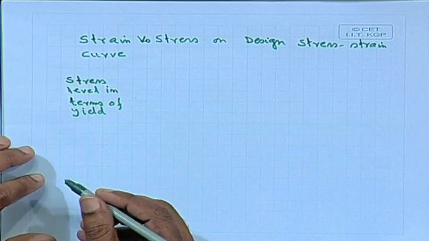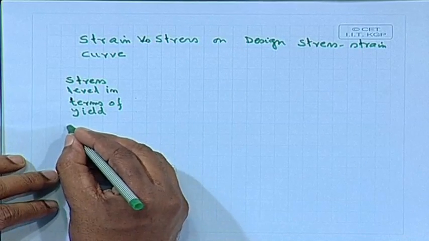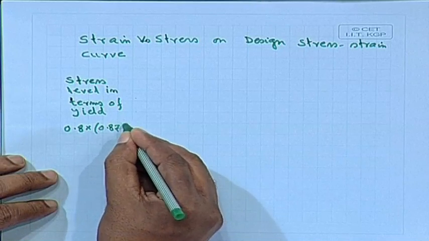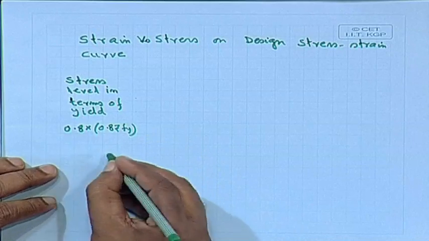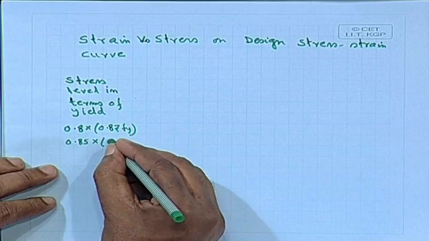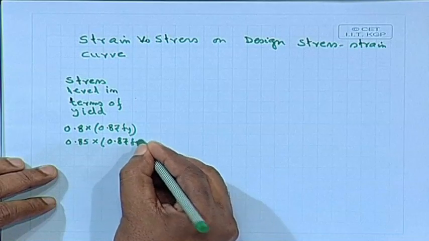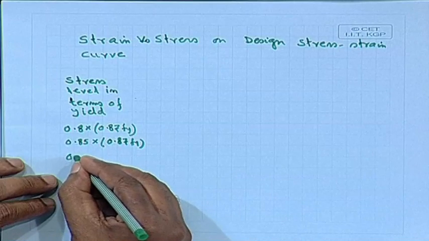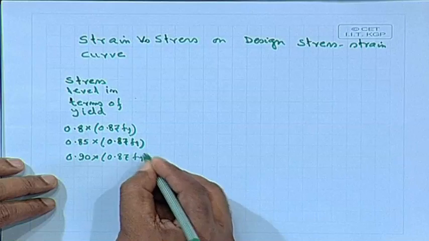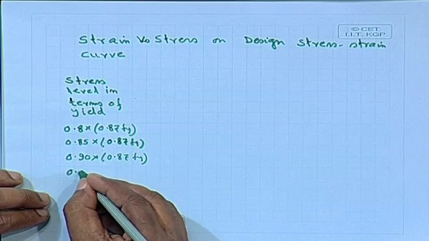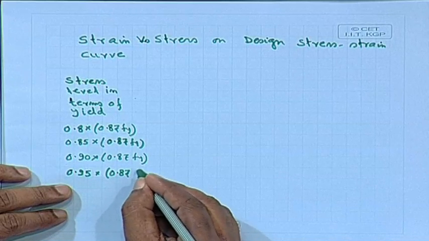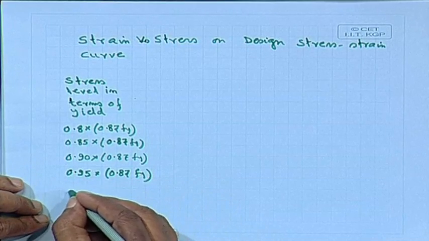So, stress level in terms of yield, we shall start with 0.8 into 0.87 FY, 0.85 into 0.87 FY, 0.9, 0.95, 0.975.